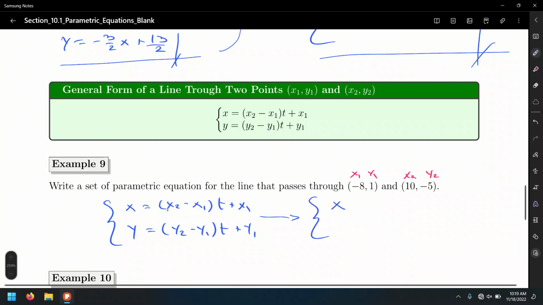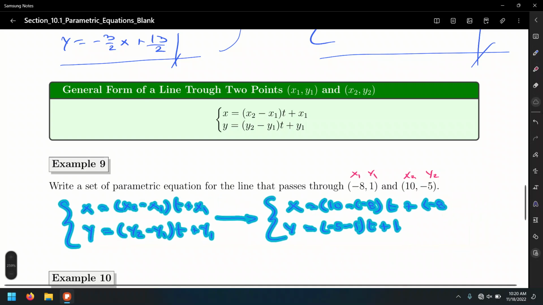So x equals x2 minus x1, that is 10 minus -8, careful with the subtraction here, times t, plus x1, which is -8. For the y equation, that's -5 minus 1, times t, plus the initial value of y, which is 1. Just simplify this calculation and you get your parametric equations.